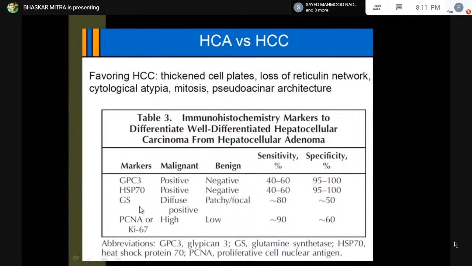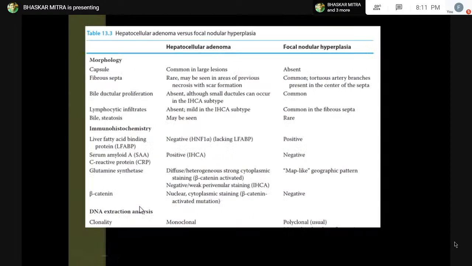Hepatocellular adenoma and focal nodular hyperplasia sometimes may be difficult to differentiate, but a fibrous scar is more common in focal nodular hyperplasia. In immunohistochemistry, the hepatocellular adenomas lack LFABP, which is positive in focal nodular hyperplasia.